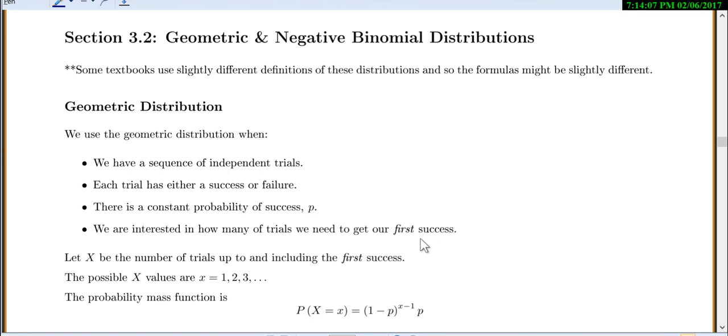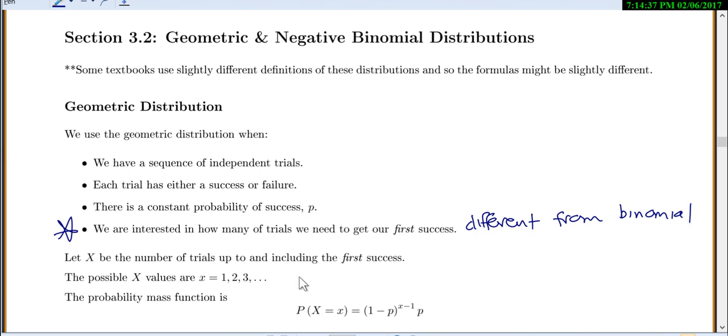The binomial tells us we know we're doing the trial n times and we count our successes. What is the geometric saying? The geometric says how many trials we need to get our first success. So this is how it differs from binomial. Everything else is exactly the same, but instead of knowing you're doing something, say 10 times, you say how many times do I have to do it to get one success.